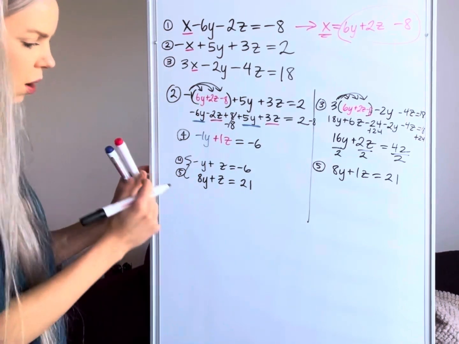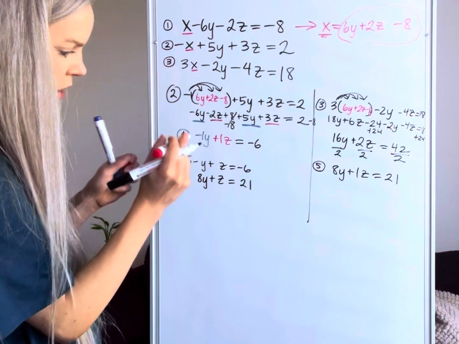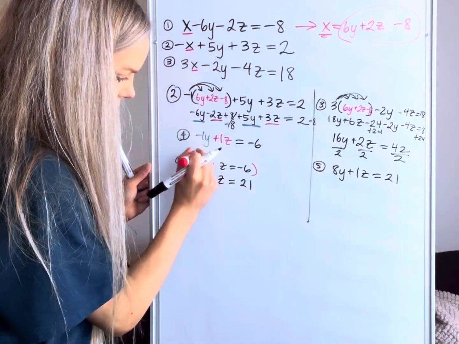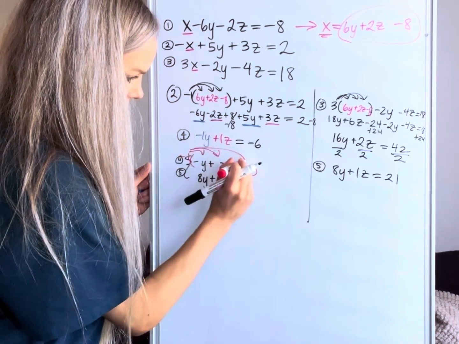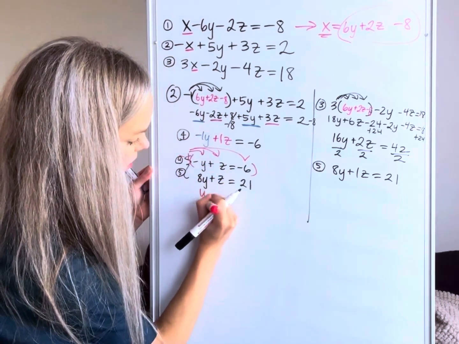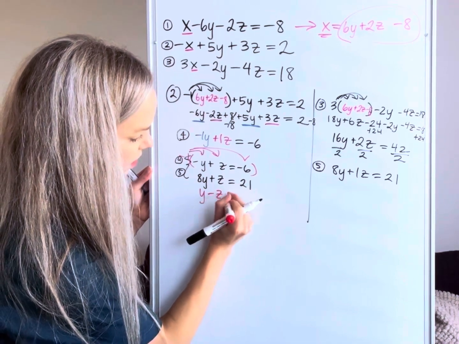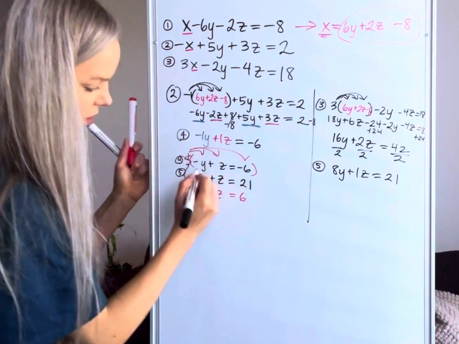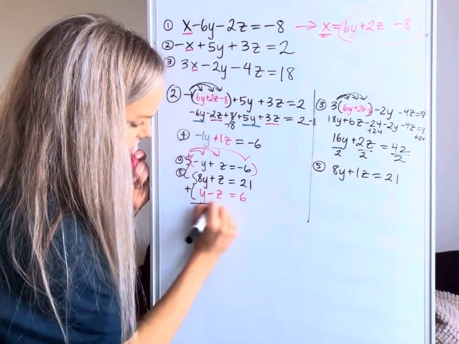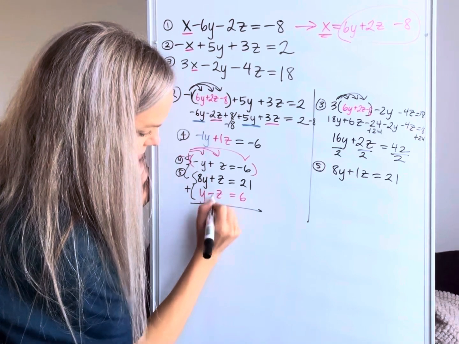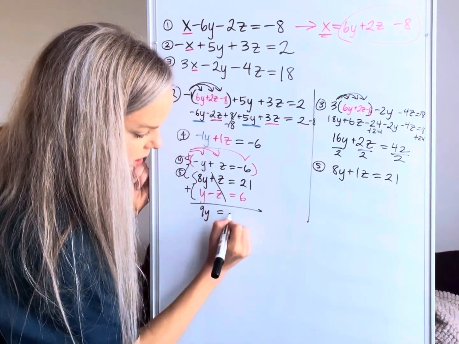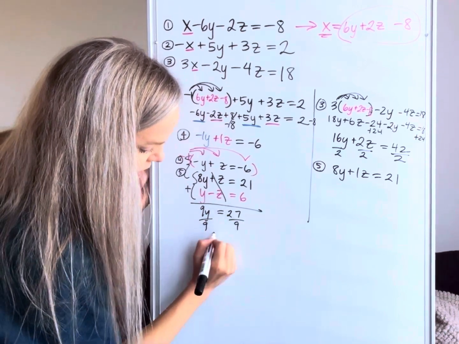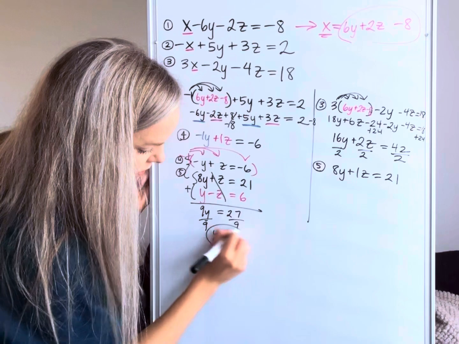To use elimination, I would multiply the entire top equation by a negative 1. That would give me positive y minus z equals positive 6. And so when I add these together, I get 9y. Z's cancel, eliminated, equals 27. Divide by 9, you get y equals 3.